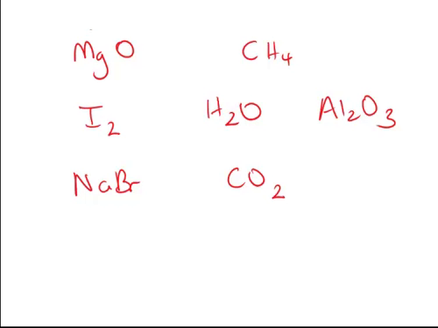Okay, so for instance, in the following example, which would be ionic and which would be covalent? Well, magnesium is a metal and oxygen is a nonmetal, so that would be ionic. CH4, carbon is a nonmetal, hydrogen is a nonmetal, so this would be covalent bonding there. Iodine is a nonmetal, and there's just two of them, so the bonding between those two atoms would be covalent.